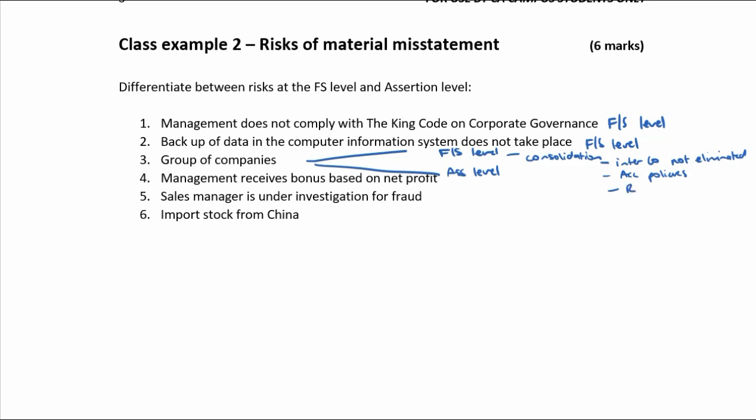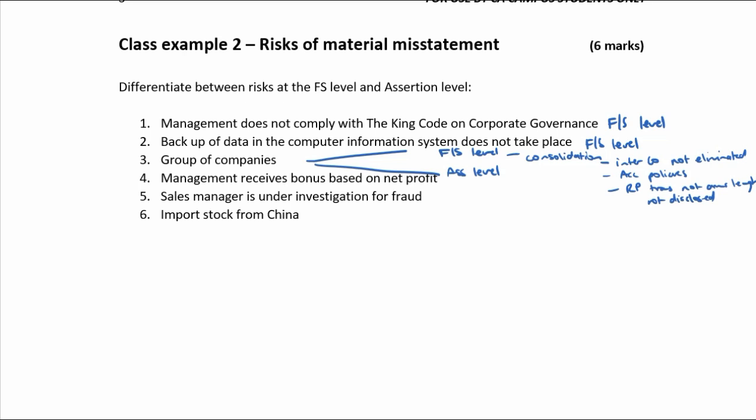Related party transactions are not at arm's length and not disclosed. Now guys, related party is different to intercompany, hey? Related party could be dealing with a transaction between the company and a director of the subsidiary.